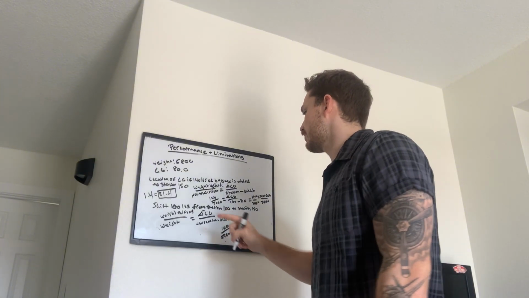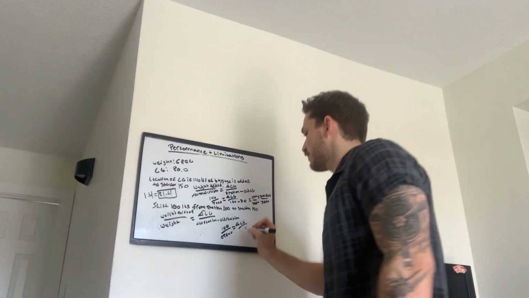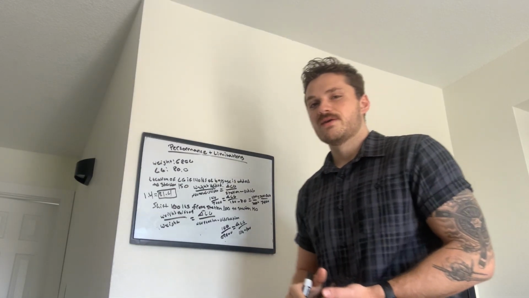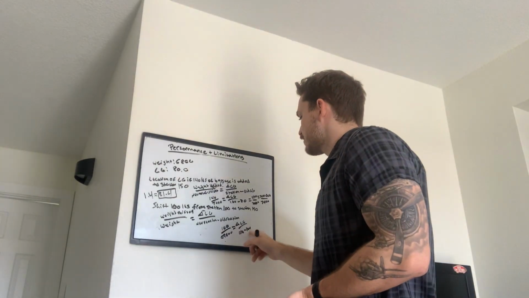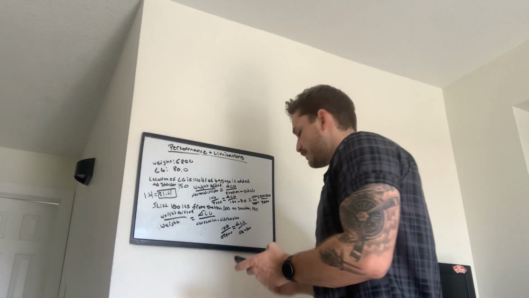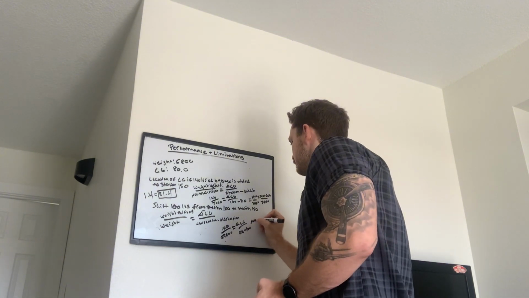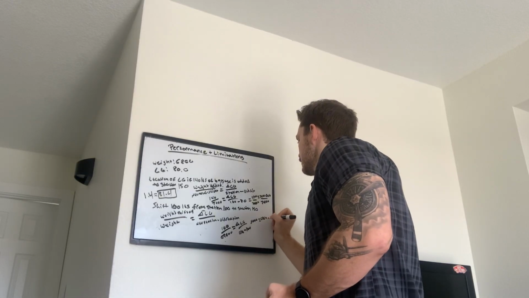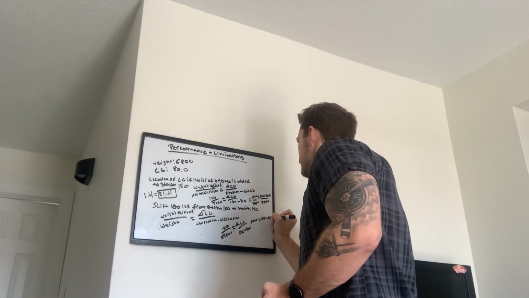We're going from 100 to 150. So it's going to be 150 minus 100. So it's just going to be the difference between the old and the new station. So 50 times 100 is going to equal 5,000. And that's going to be equal to 6860 times the change in CG.